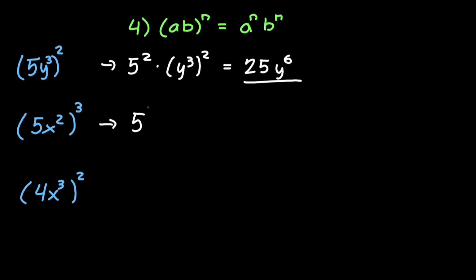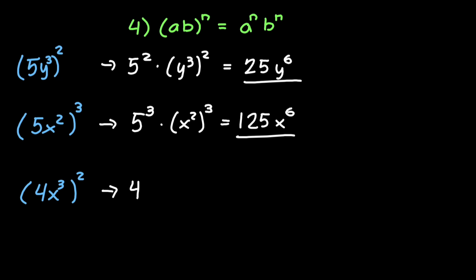It would be 5 cubed multiplied by x squared raised to the power of 3. 5 times 5 would be 25, and multiply that by 5, it would be 125. X squared all raised to the power of 3 would be x raised to the power of 6. For this, it would be 4 squared multiplied by x cubed raised to the power of 2. 4 times 4 would be 16, and x cubed raised to the power of 2 would be x raised to the power of 6.